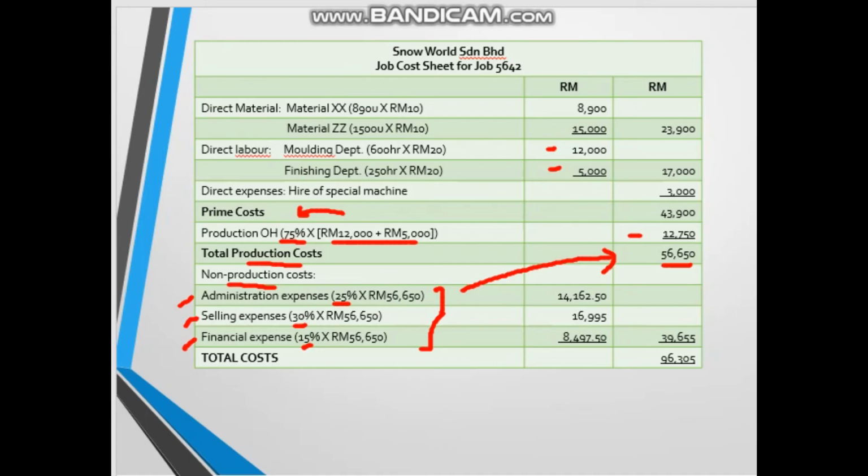We add up the three non-production costs, which gives 39,655. Then we add the production cost and non-production cost, which gives us the total cost of 96,305.